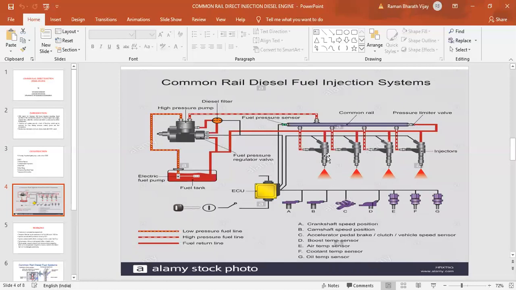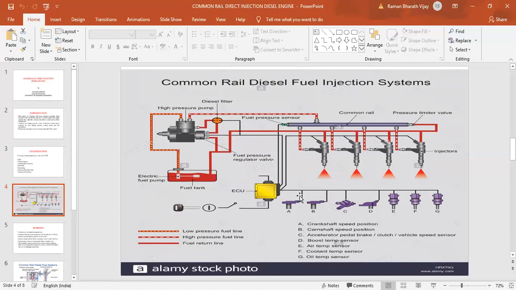You can see here the first injector, second injector, third injector, and fourth injector, and through these injectors the fuel is being sprayed.